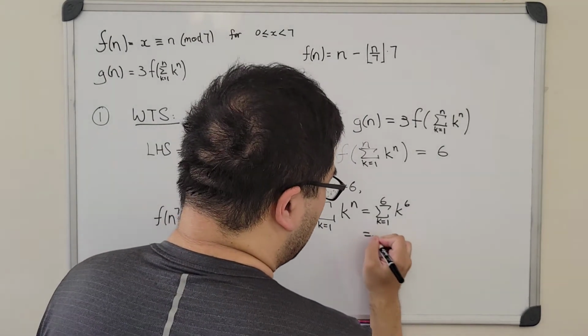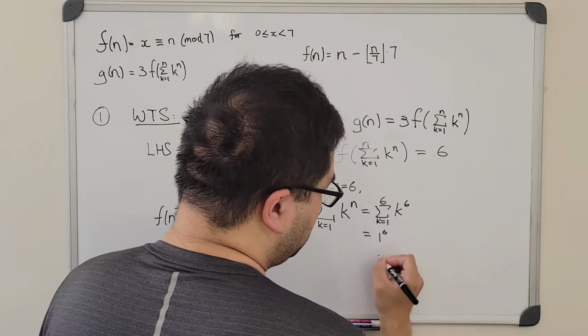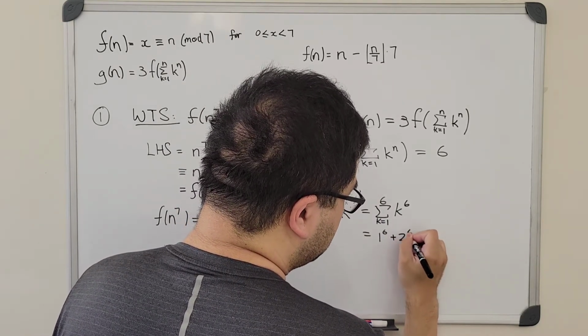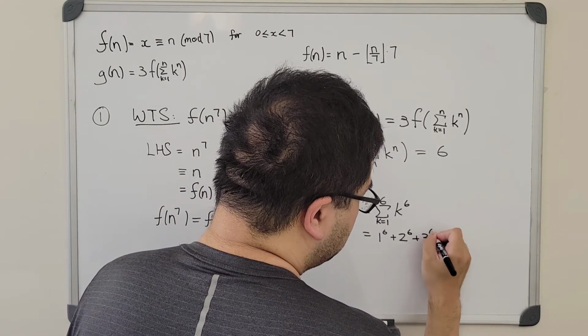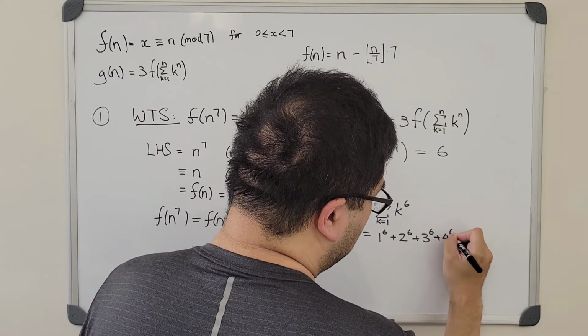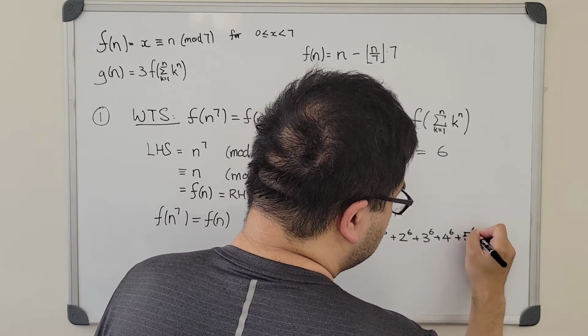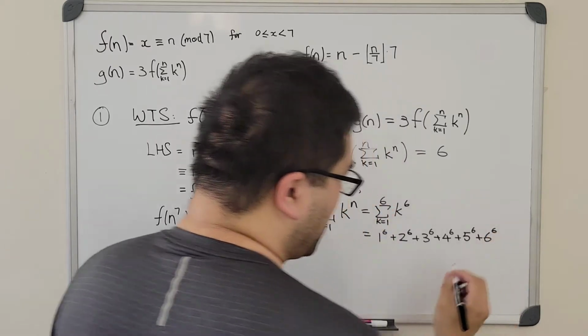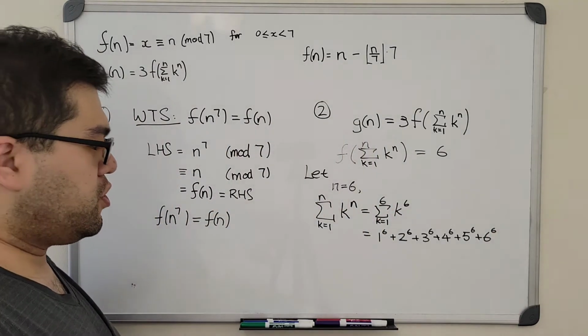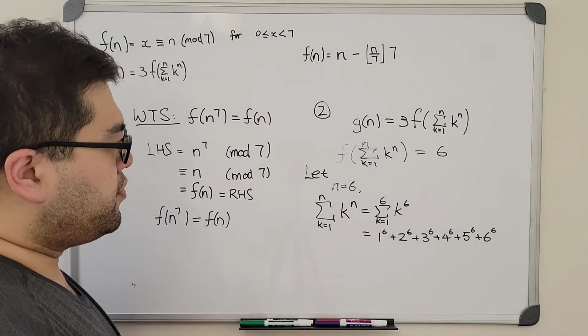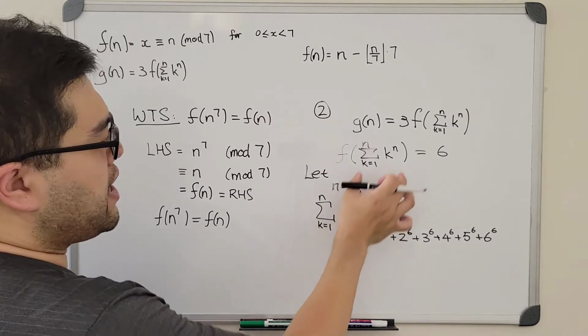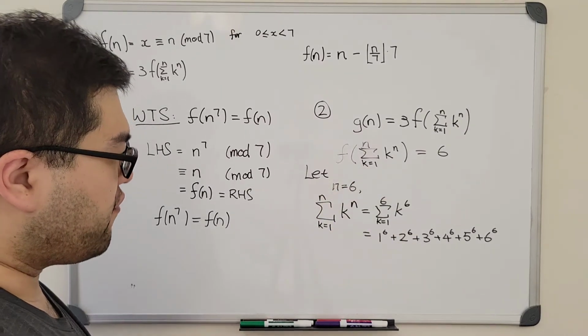Then we will have 6 different terms: 1 to the 6th power, plus 2 to the 6th power, plus 3 to the 6th power, plus 4 to the 6th power, plus 5 to the 6th power, plus 6 to the 6th power. Good. So don't forget, this is everything inside of the function f.